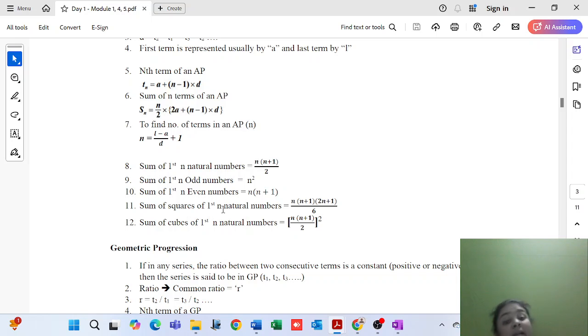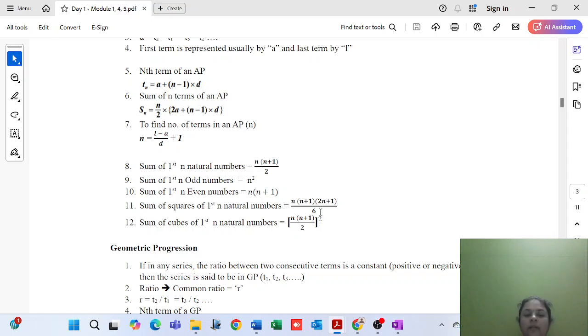And sum of squares of n natural numbers. So 1 square plus 2 square plus 3 square. It is given as n into n plus 1 into 2n plus 1 divided by 6. And sum of cubes of first n natural numbers.